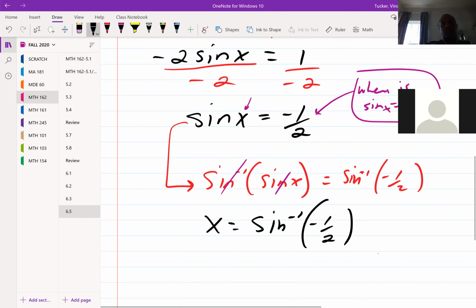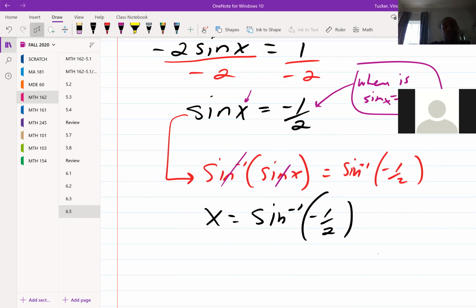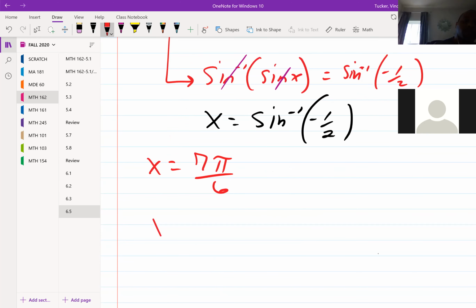So it just depends on the type of calculator that you have. If not, then you can do what I just did, which was go to your unit circle. So like I said, that was 7 pi over 6 and also 11 pi over 6.